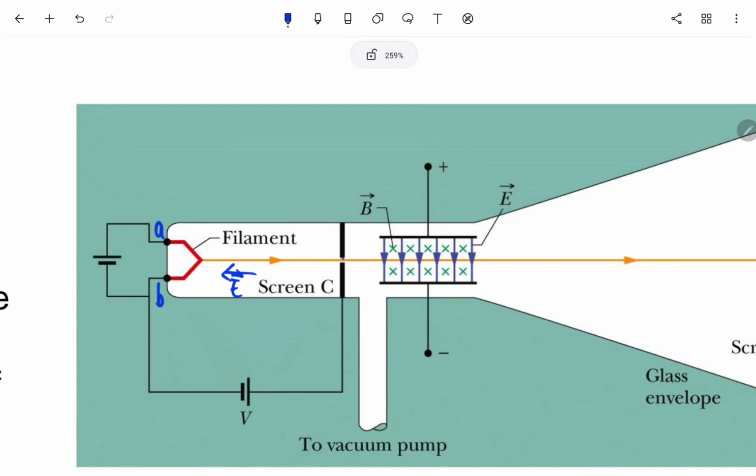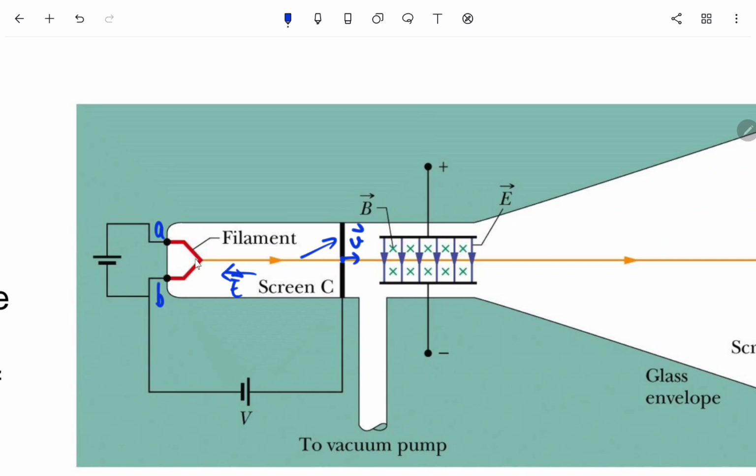So there will be an initial velocity going through the screen. If it is not exactly going through the screen, then it will be blocked, and then it will be absorbed somehow, or reflected.